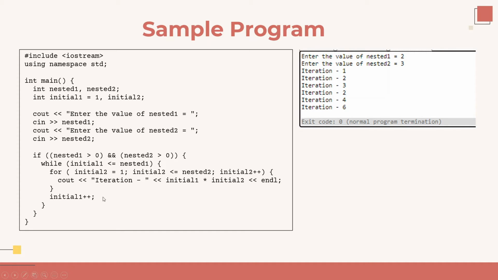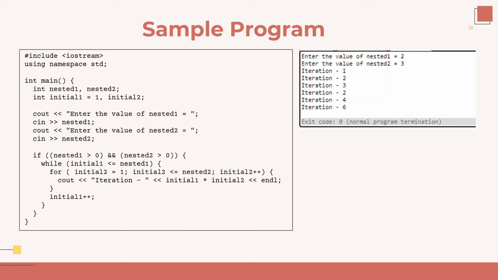Let's discuss the process of this program. First, we initialize nested 1, nested 2, and then the value of initial 1 is 1, and then initial 2. Then the values for the nested 1 and nested 2 variables are inserted by the user. And then the if condition will check whether the value of each nested is a positive integer or not.